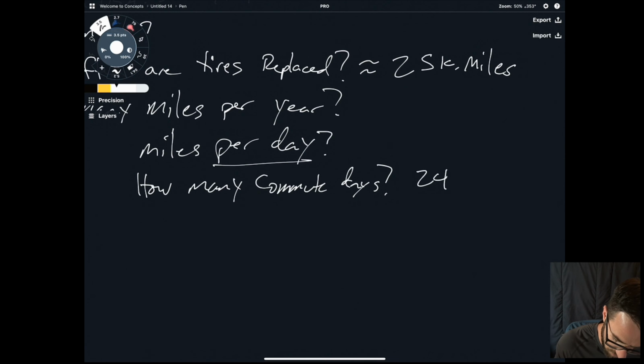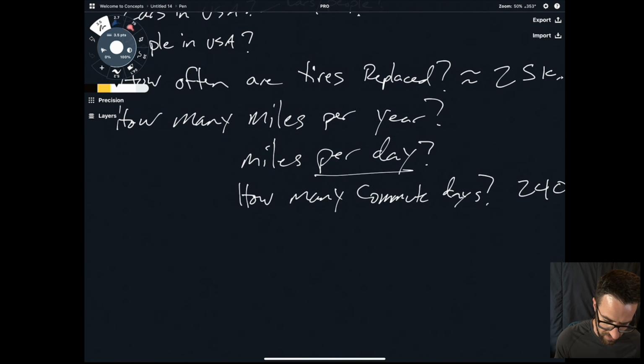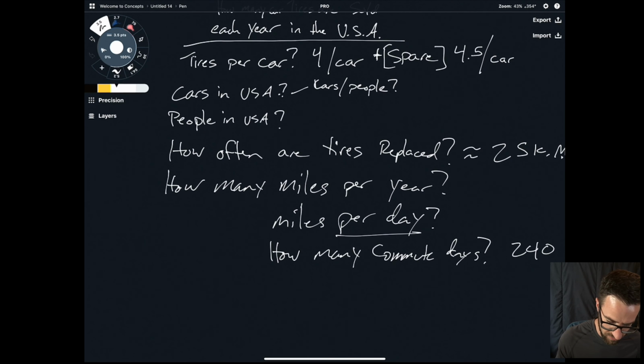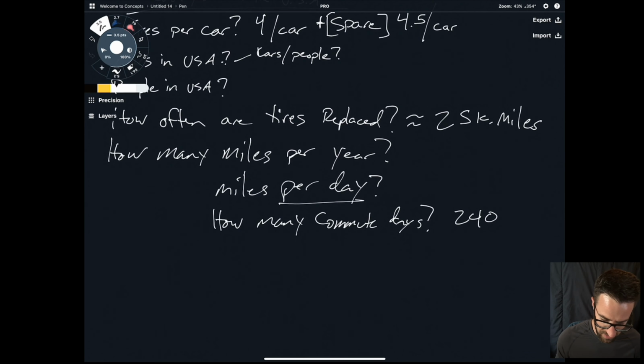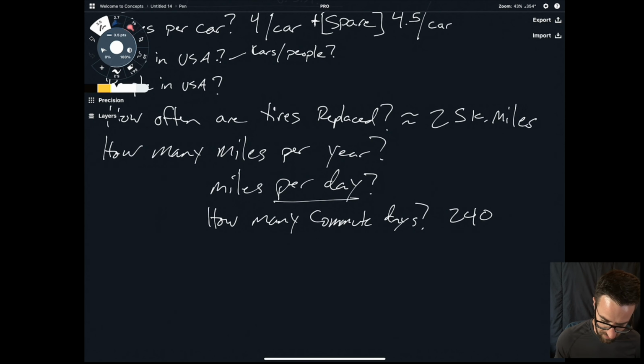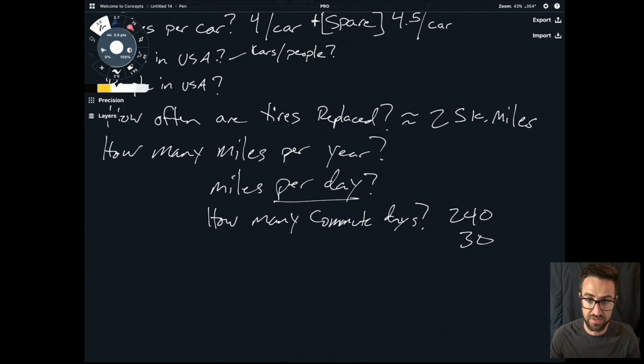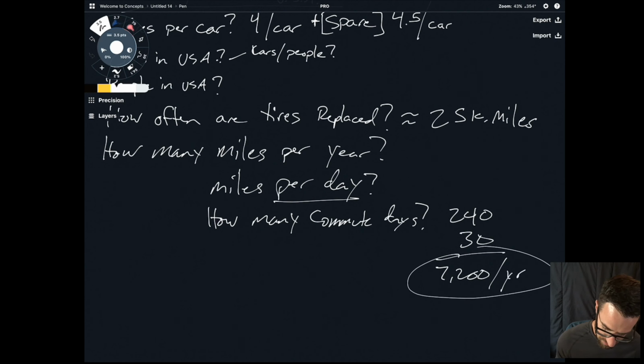A minute ago we talked about 30 miles a day. So we have 30 times 240, which is 7,200 a year. 7,200 miles per year on your tires, right?